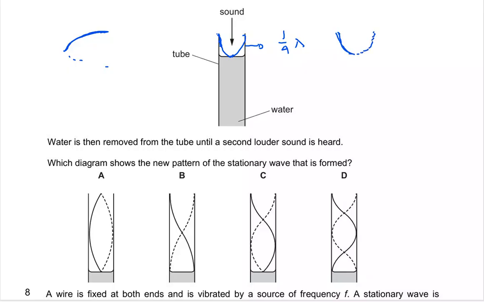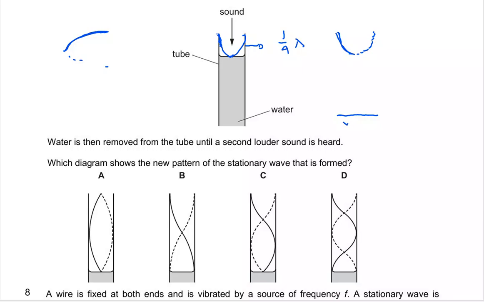So when we remove the water to here, what's gonna happen? It creates stationary wave here because it's filled by the air, and then the air is moving because of the sound produced, and it creates stationary wave.